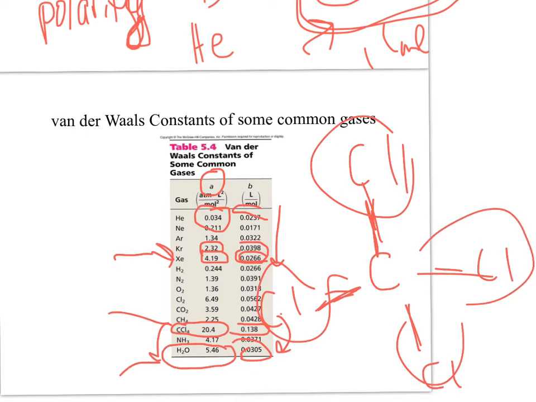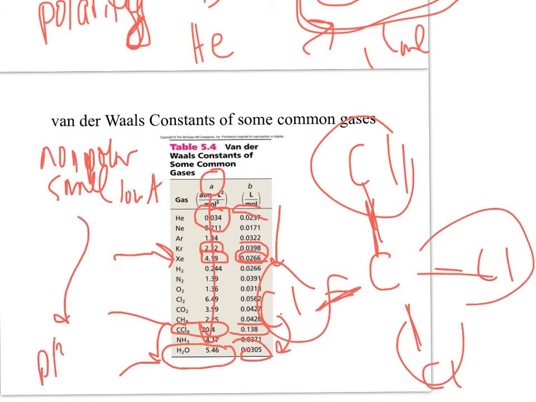Now, again, you don't have to memorize this table. You would simply put things generally in an order of nonpolar and small generally has a low A value, and polar or even charged, right, has a large A. And then with volume, it just tracks with molar mass.